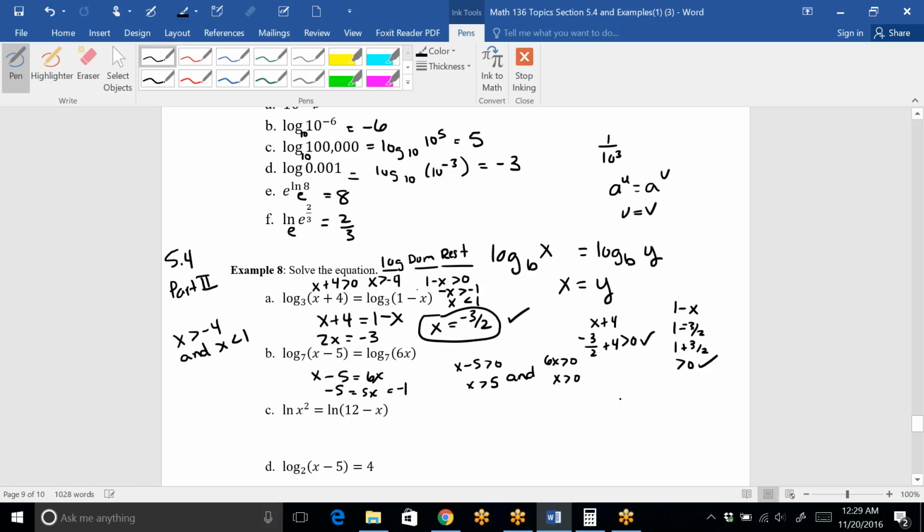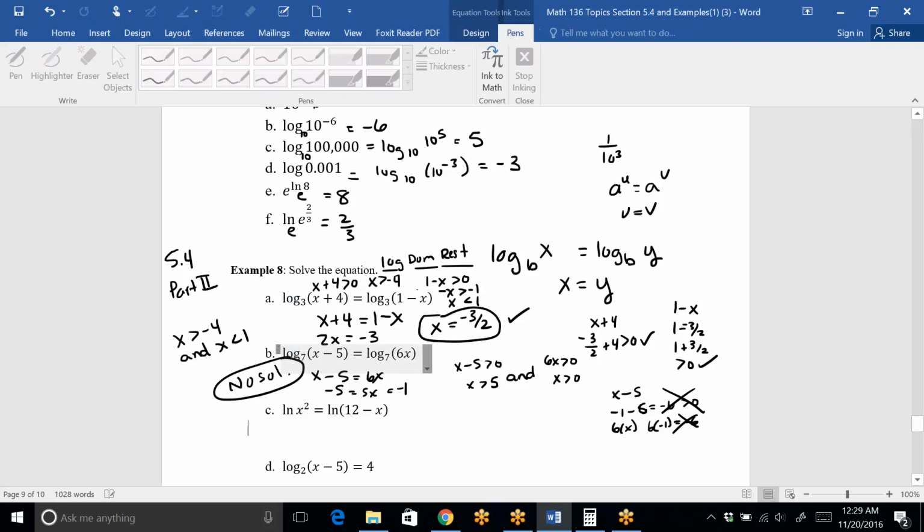In fact, if you plug it back in, x minus 5 is negative 1 minus 5. That is negative 6. That is not greater than 0. And it also fails on the other side as well. This would be negative 6 as well. And you cannot have an argument that is negative. So we just can't do that in these cases, which means that there is no solution for part B.